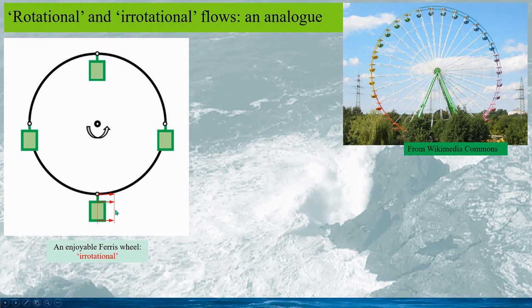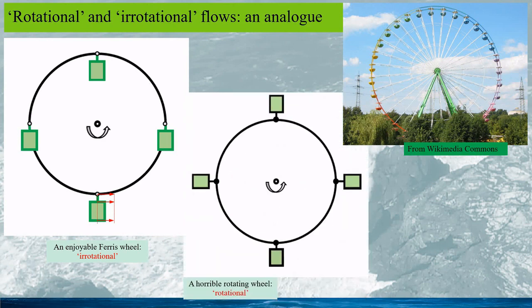Since each capsule has the same speed as the speed of the hinge, this is very similar to the irrotational flow. A contrast is a rotating wheel on which the capsules are welded, and when the wheel rotates, the capsules move rigidly with the wheel.